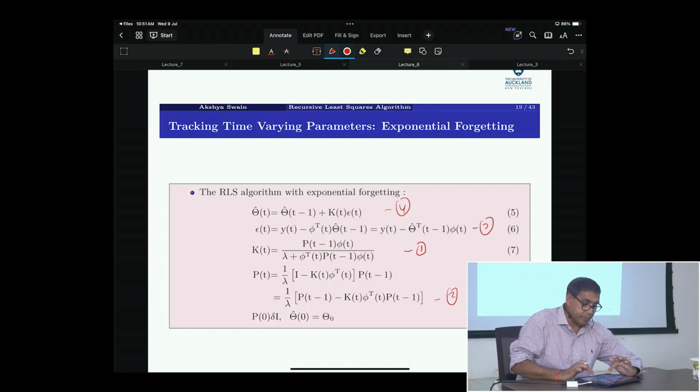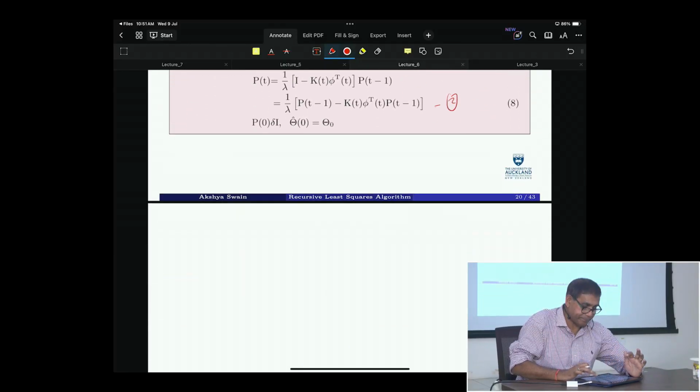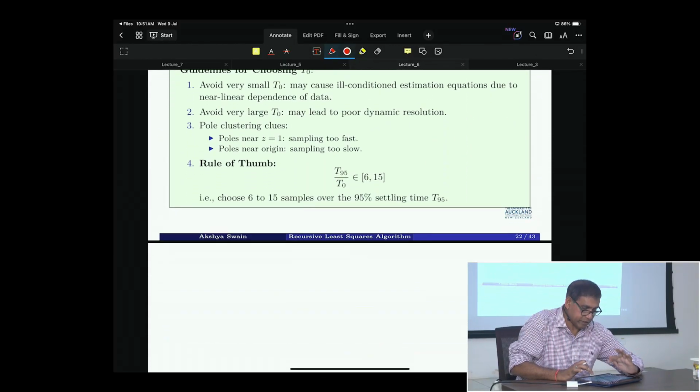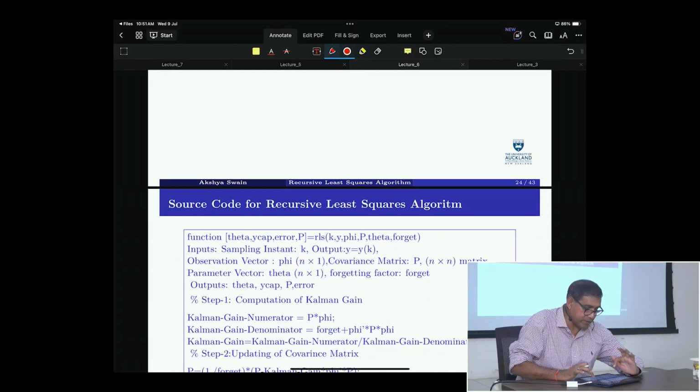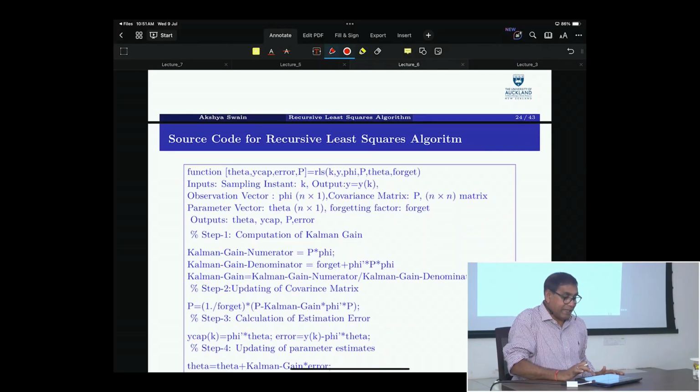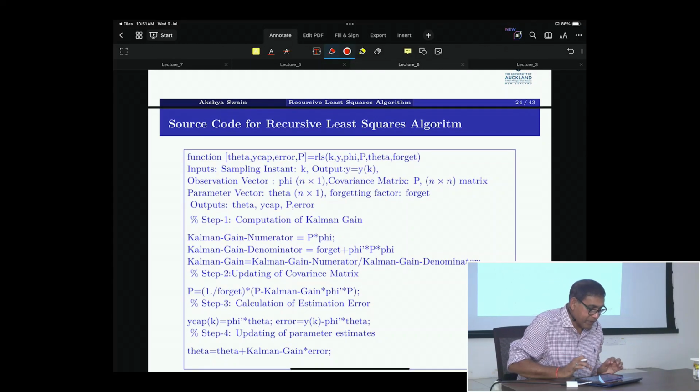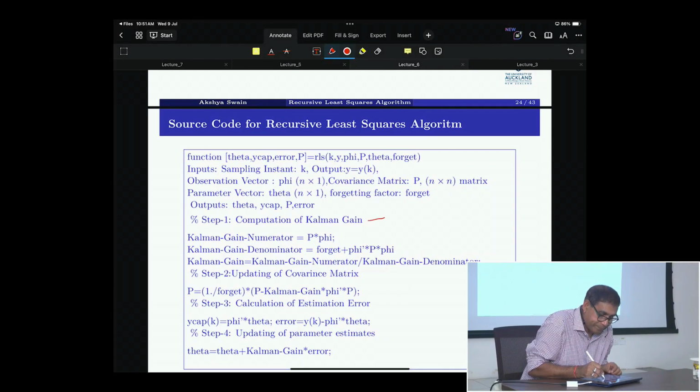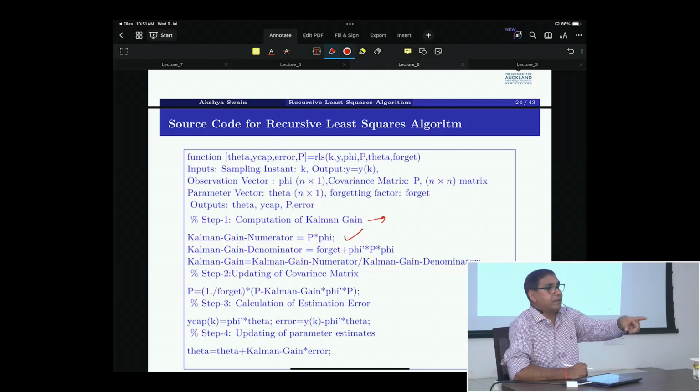Kalman gain: Pt into phi t. Lambda is the forgetting factor. I'll talk to that one. Just assume that is 1. Phi transpose t, pt minus 1, phi t. I'll come back to everything here. I'm just showing it here. Now see, this program has been written. I'm telling you this program very carefully. Step number 1: Kalman gain numerator is equal to p into phi. Is it clear?